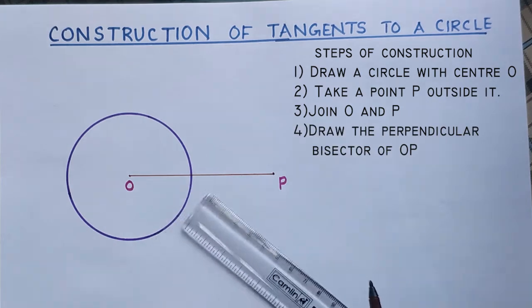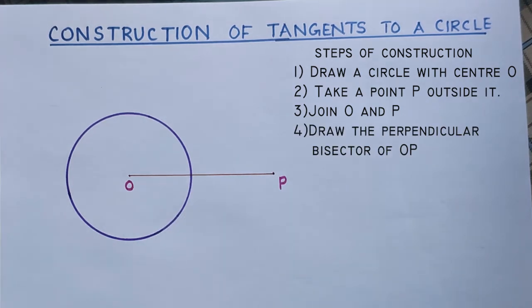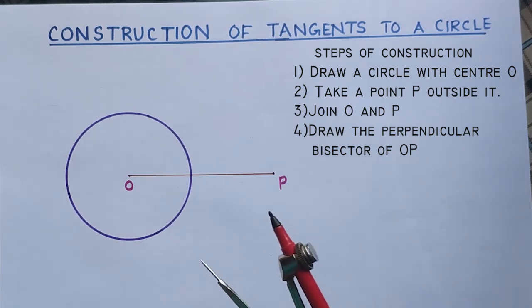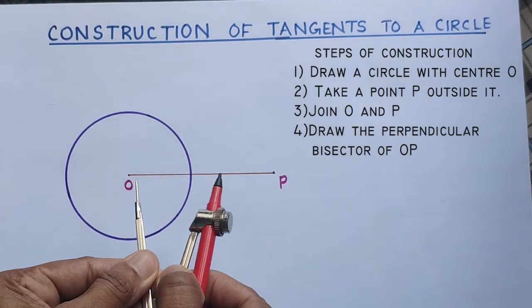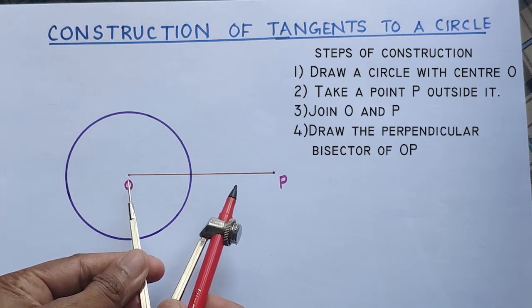Then draw the perpendicular bisector of OP. We know how to draw the perpendicular bisector. For that, we have to place the metal tip at O. Take more than half of OP.